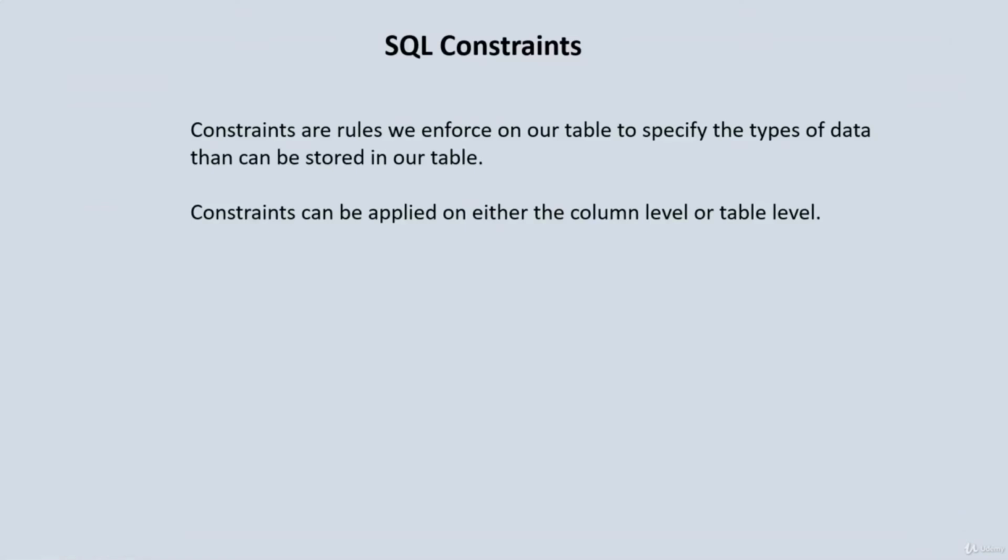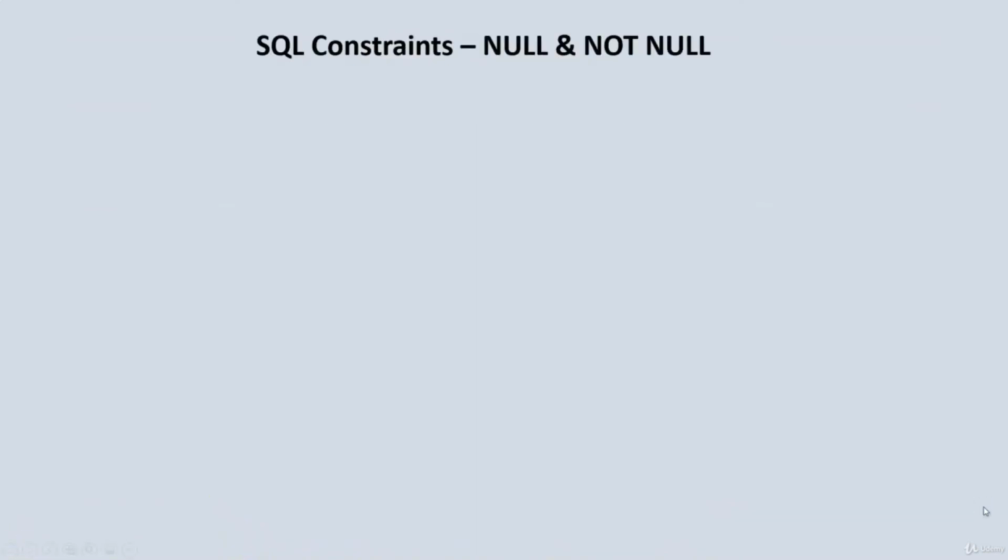So essentially, we can either enforce a constraint on a column, or we can enforce the constraint on the table as a whole. One of the constraints we have in SQL is null and not null. Null means unknown or missing value, so it's not the same as 0 or blank.